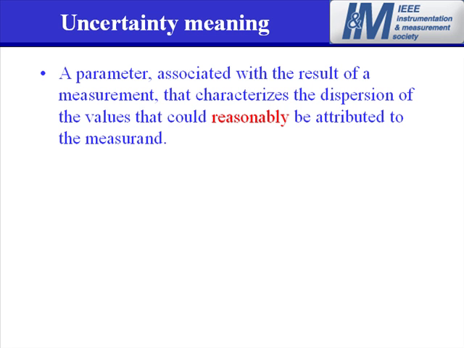The international vocabulary and the guide define it as a parameter associated with the result of a measurement that characterizes the dispersion of the values that could reasonably be attributed to the measurement. So uncertainty is expected to somehow quantify the dispersion of the values that could be assigned to the measurement. But how can we do this?